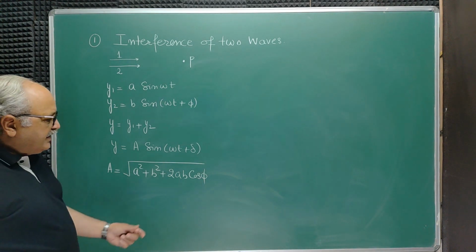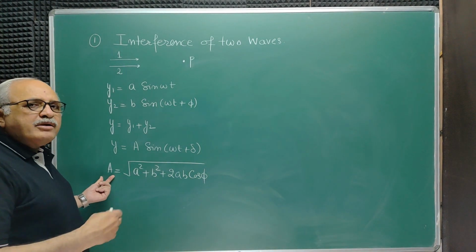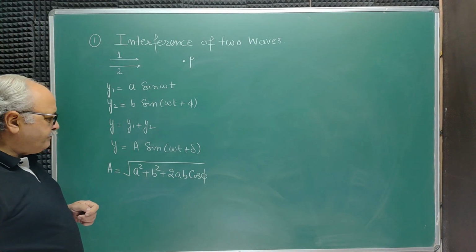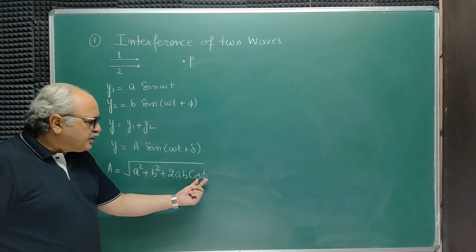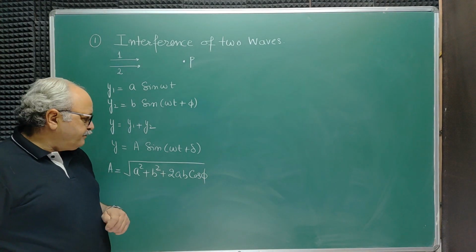Now this phi will decide whether the amplitude is going to be maximum or minimum or anywhere in between. So this is a quite crucial part to decide the condition for maxima and minima.